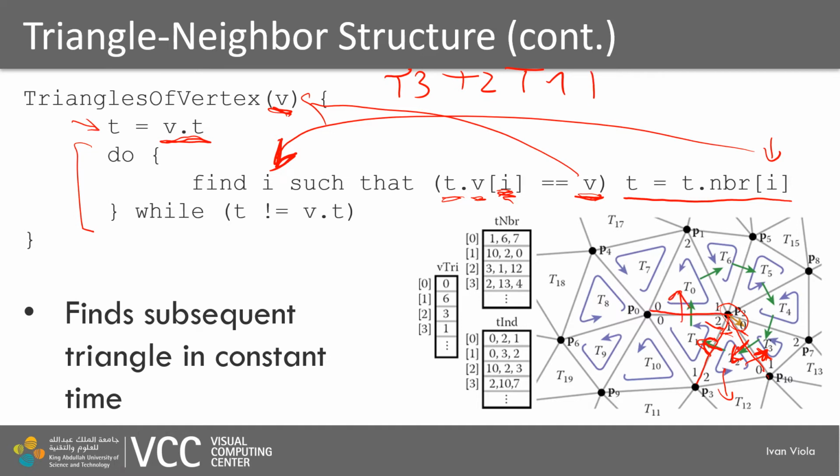So we will be identifying the triangle T0, etc. And we will, in a clockwise order, find all the neighbors until we find out that our triangle T, which we have associated with in this command, is our original VT, so a triangle associated with our vertex P2. So, and then we have found the entire loop.